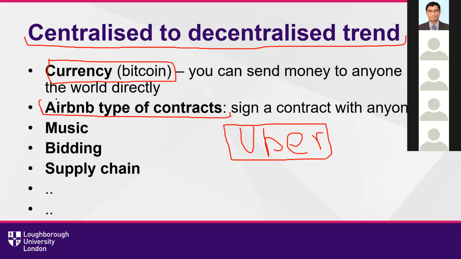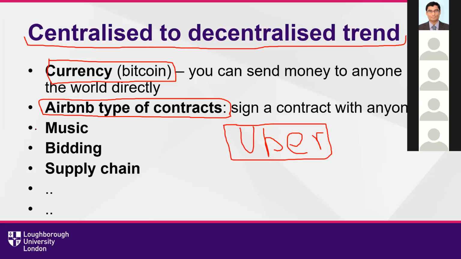Airbnb is a company that has no single room actually, but is one of the largest renting platforms. And Uber is one of the taxi companies with zero taxis, and they have the largest taxi business in the world. And these people can change the rules and manipulate things because these are centralized, right?